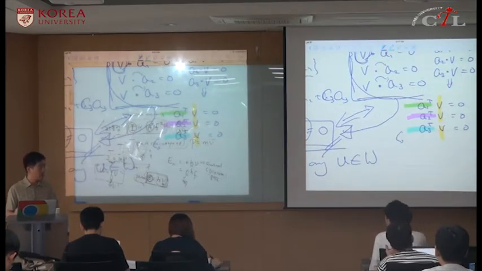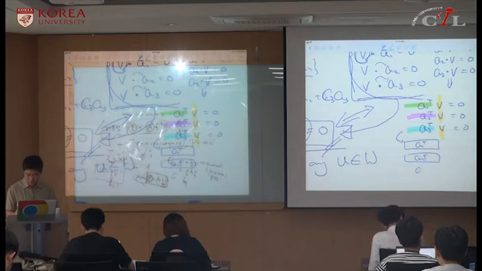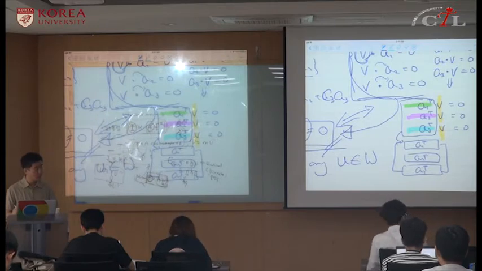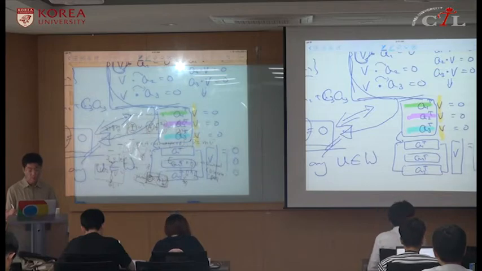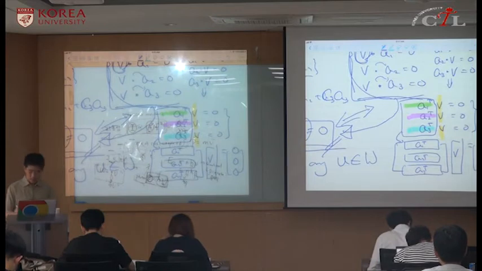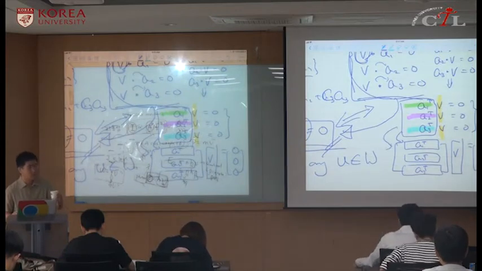What about forming a single matrix equation? It is like A1 transpose, A2 transpose, A3 transpose. We formed a single matrix by collecting these three row vectors, and then multiply V on the right, and they will be 0 and 0 and 0. We changed these three equations into a matrix equation form.